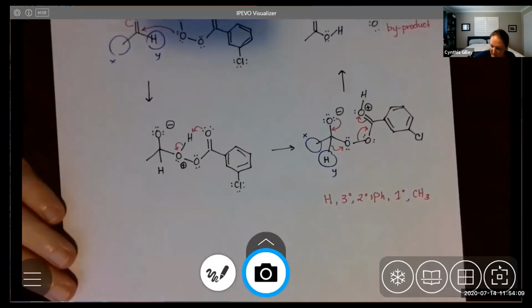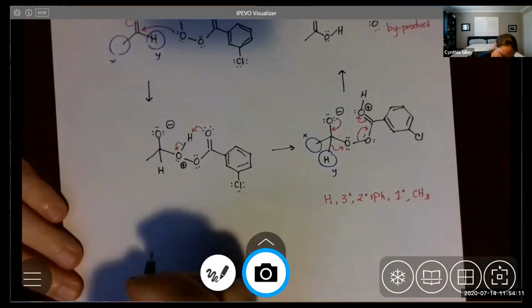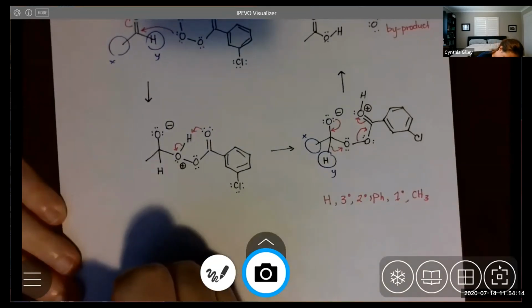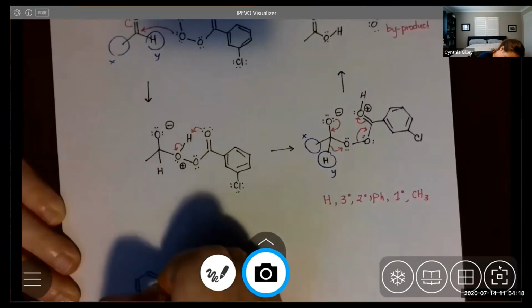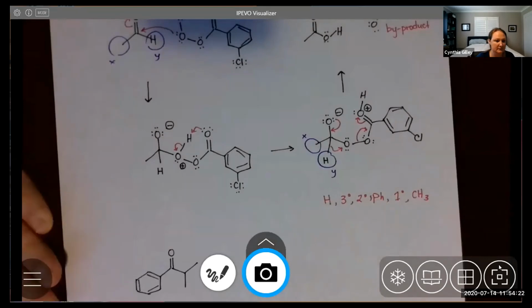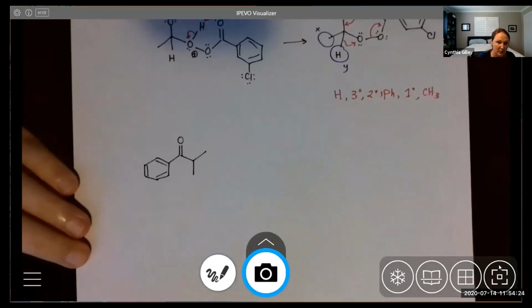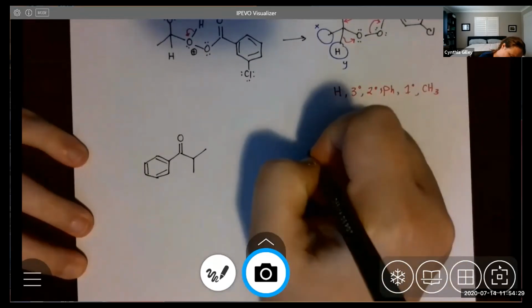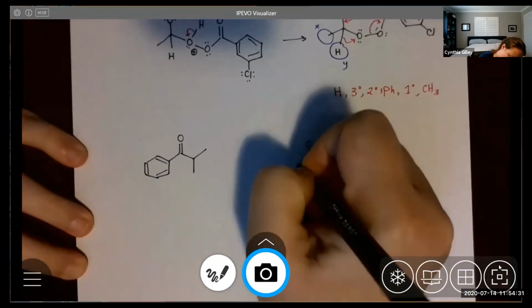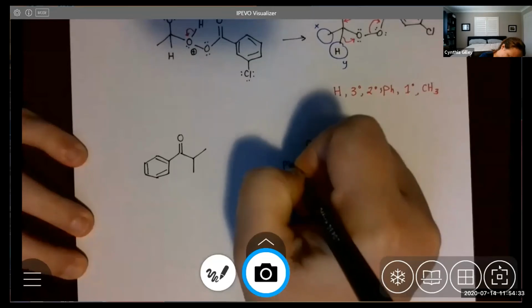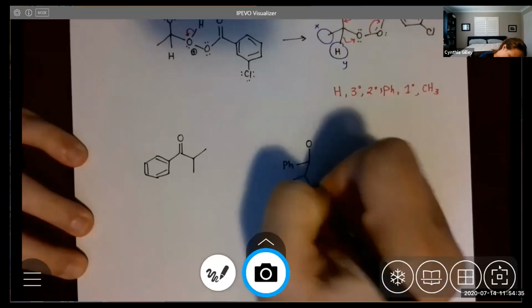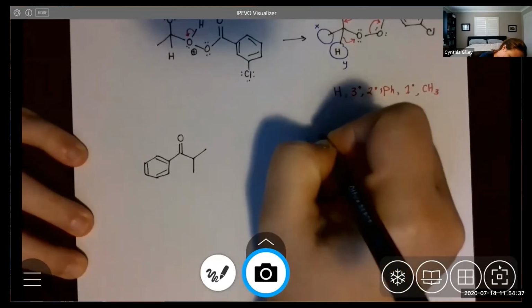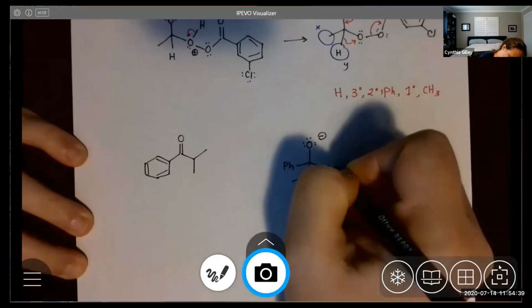So, for example, if we had started with, instead of that, let's say phenyl, and the tertiary carbon, then once we got to that intermediate, we would have phenyl or that tertiary carbon, thinking about, okay, what migrates?